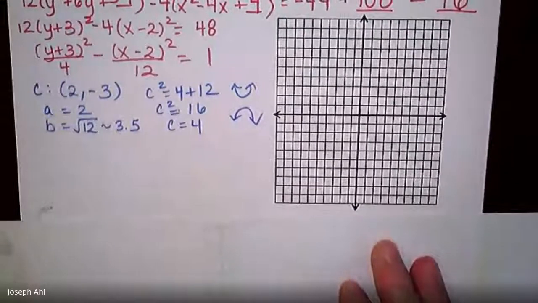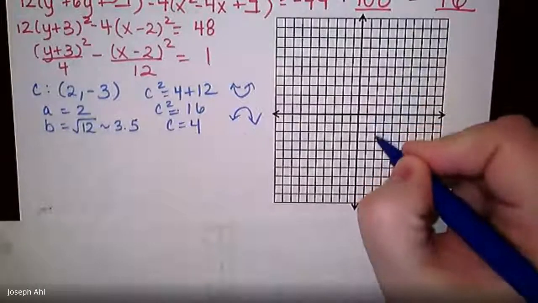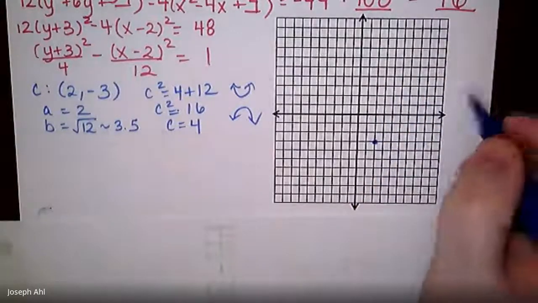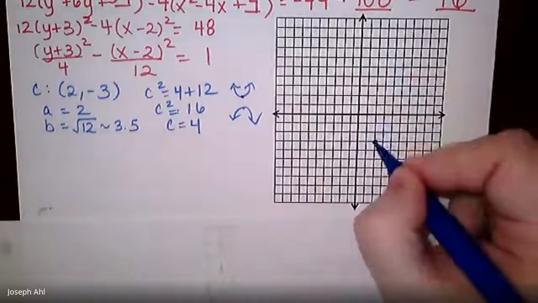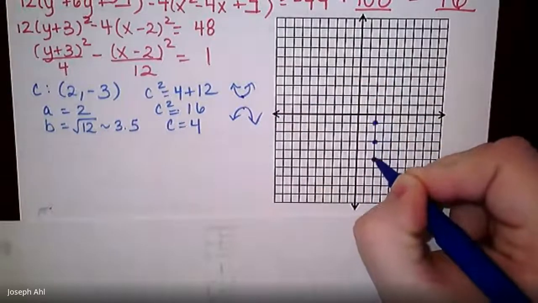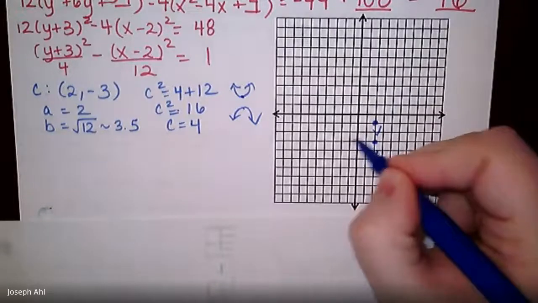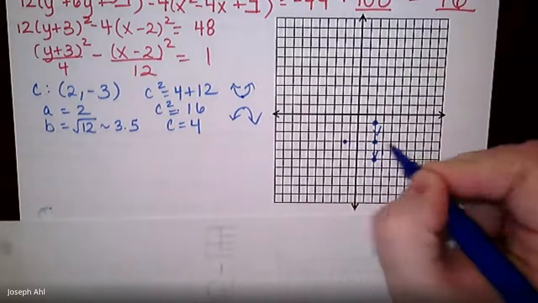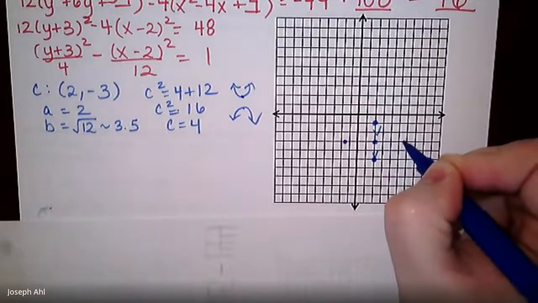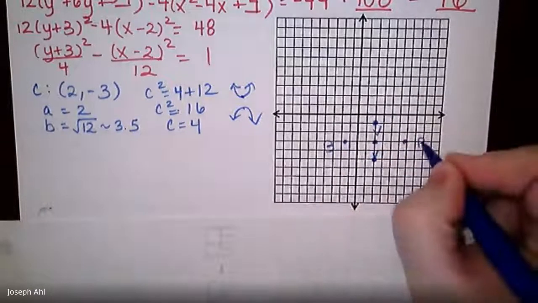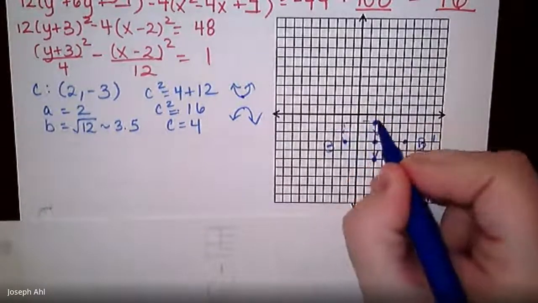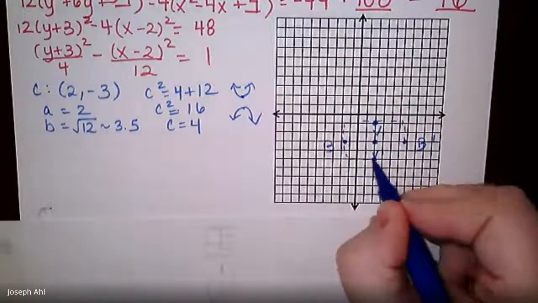So let's go ahead and start sketching here. We've got (2, -3) as the center. The vertices go up 2 and down 2. Here they are. We've got left 3.5 and then right 3.5 for b and b prime. Okay, go ahead and connect those.